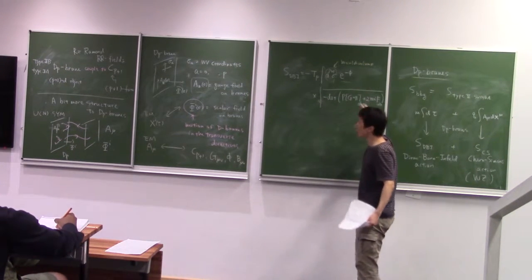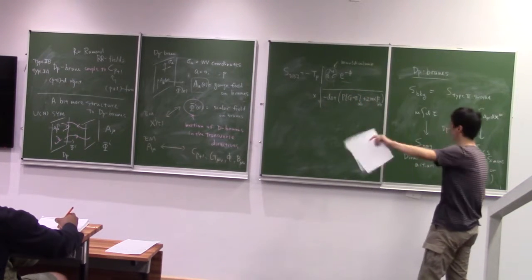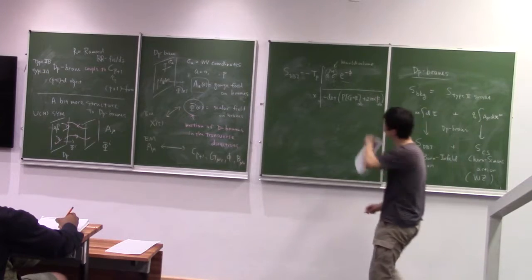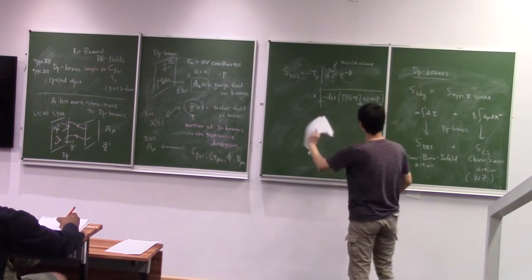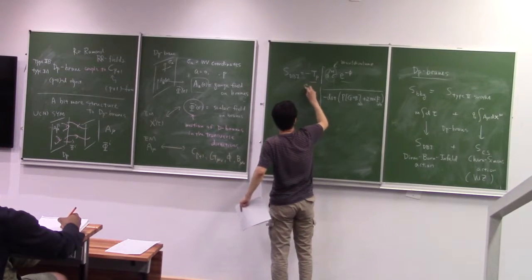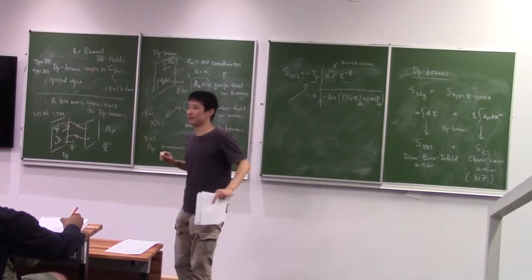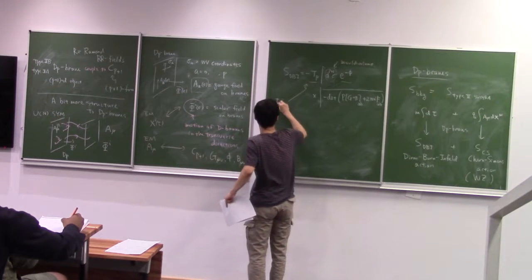So the way it couples to the dilaton is this way. Well, you shouldn't ask me why. There's an explanation, but that's how it is. And T_p would be the tension.